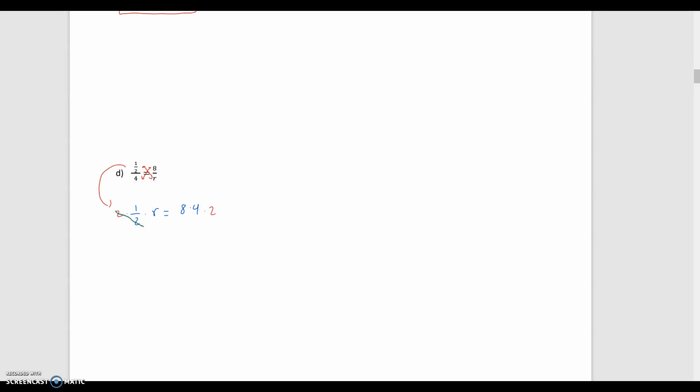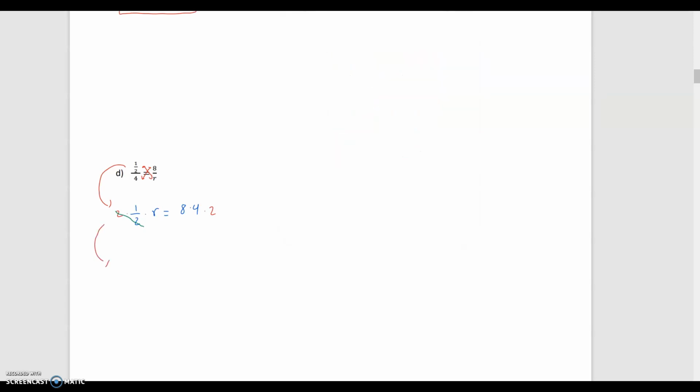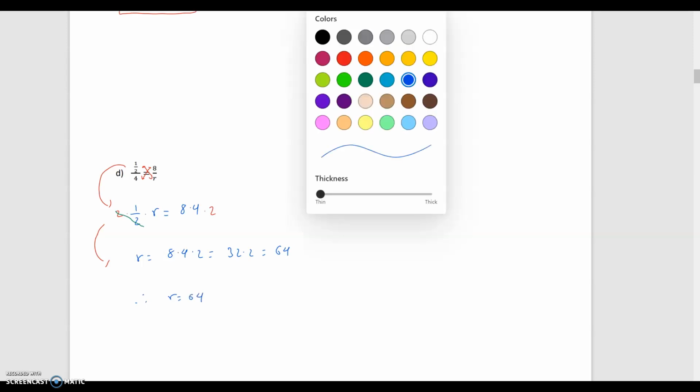So the 2's cancel. And then we're technically left with r is equal to, well, 8 times 4 times 2, or 32 times 2, or the value of 64. So final answer, r is equal to 64.